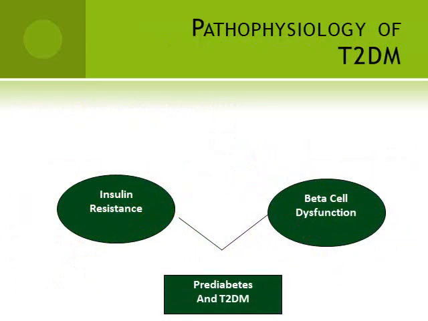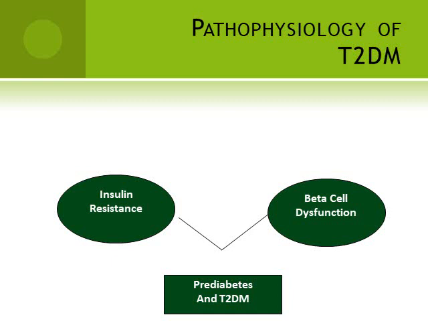When we talk about the pathophysiology of type 2 diabetes mellitus, that is far more complex as compared to the pathophysiology of type 1. Usually, certain years back, we only knew about insulin resistance and beta cell dysfunction.